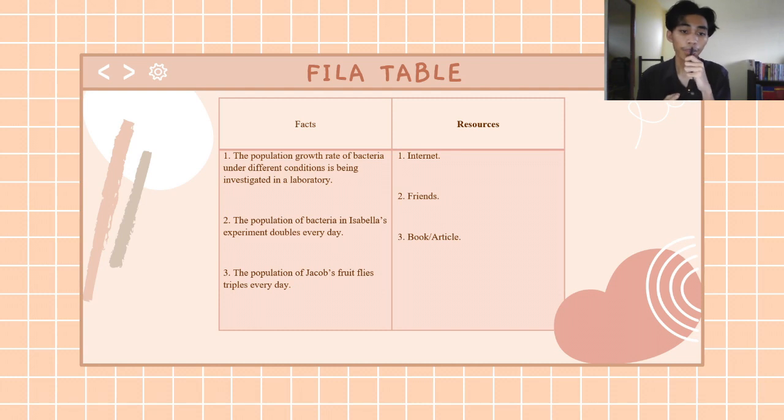And lastly, the population of Jacob's fruit flies triples every day. For the resources, we got them from first the internet, second friends, and third from books or articles.